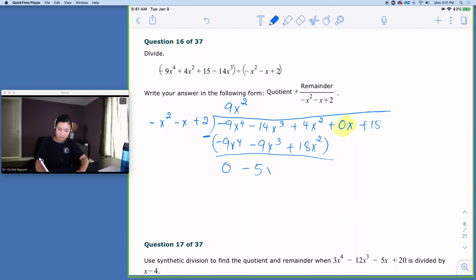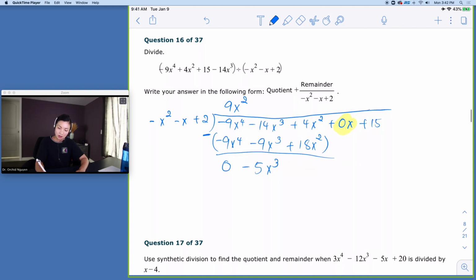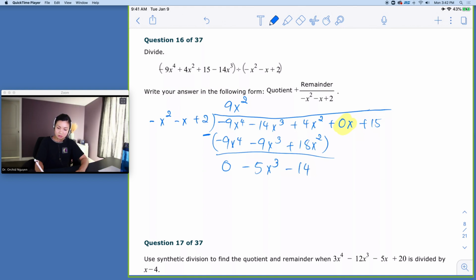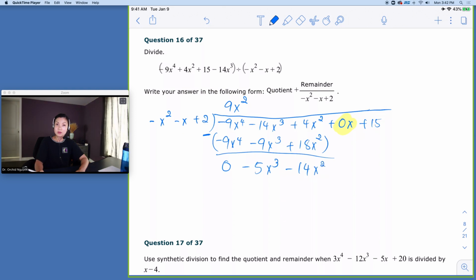Minus 5x cubed and I have negative 14x squared. Okay, I bring down 0x.